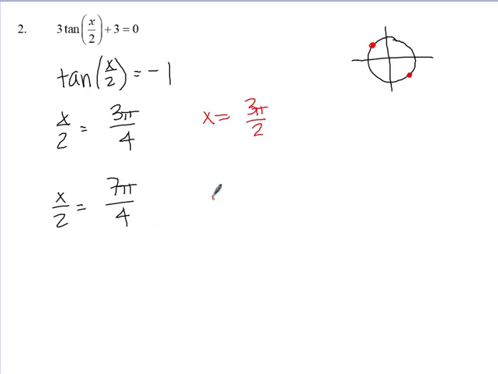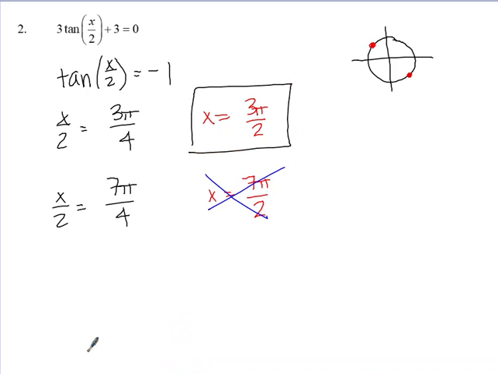So I get 3 pi over 2 and 7 pi over 2. Well, 7 pi over 2 is not between 0 and 2 pi, so my only answer is 3 pi over 2. Let's continue.